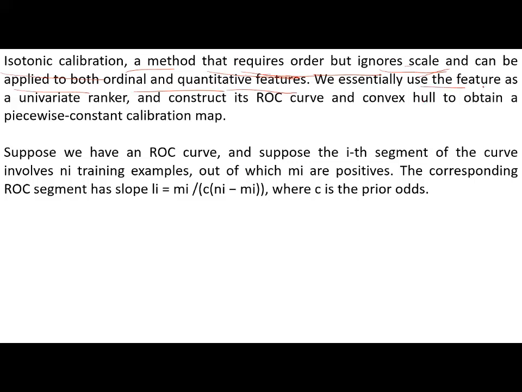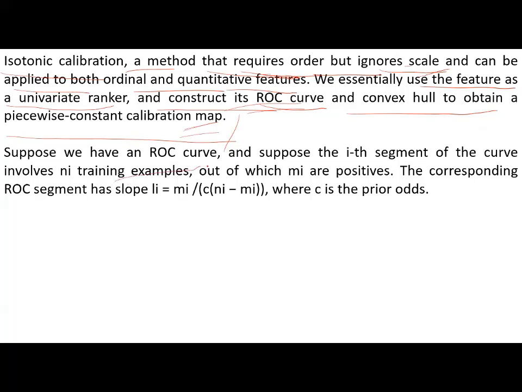We essentially use this feature as a univariate ranker and construct its ROC curve and convex hull to obtain a piecewise constant calibration map. This is mainly used for ROC curve and calibration map.